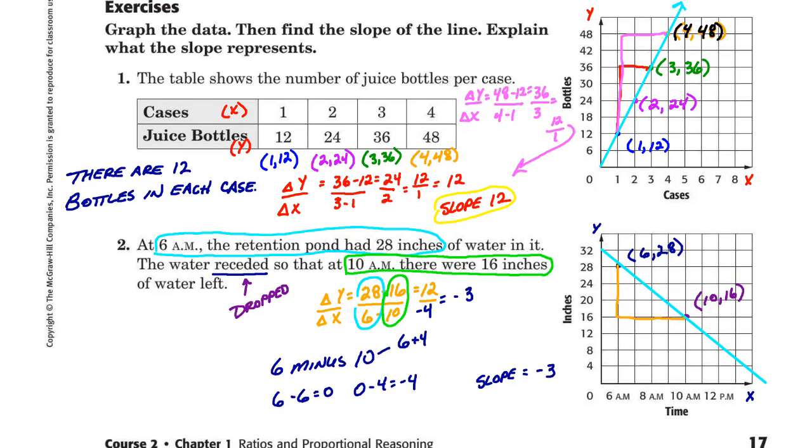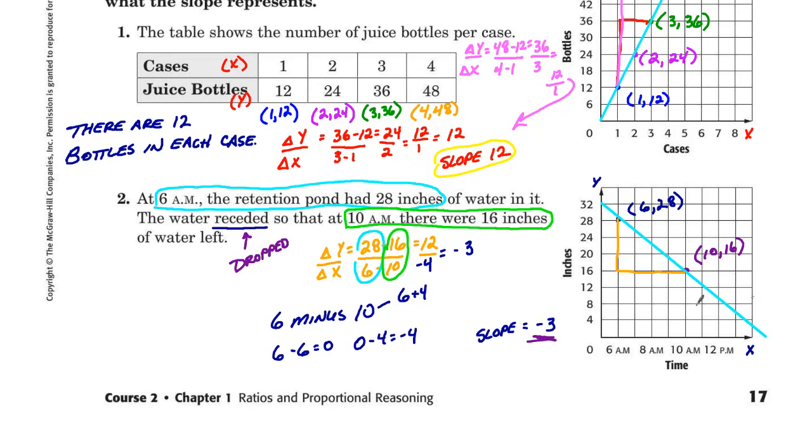And then this one, it's really important that we write this one out because with that negative slope right there, we want to be really clear we understand what that means.